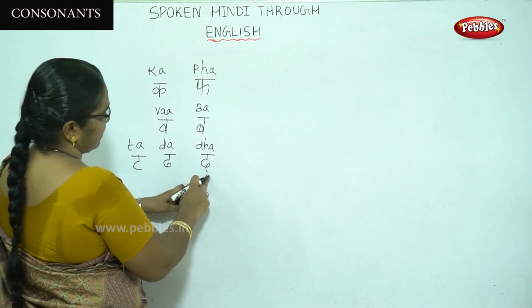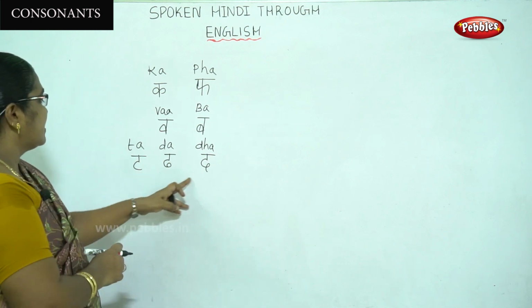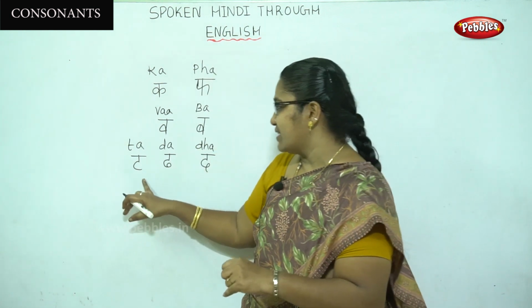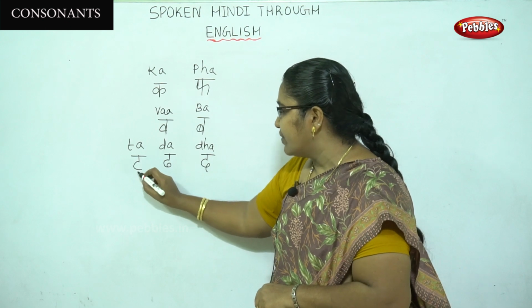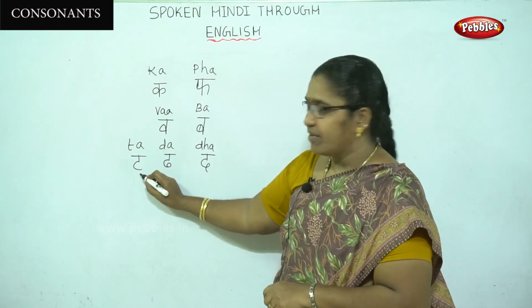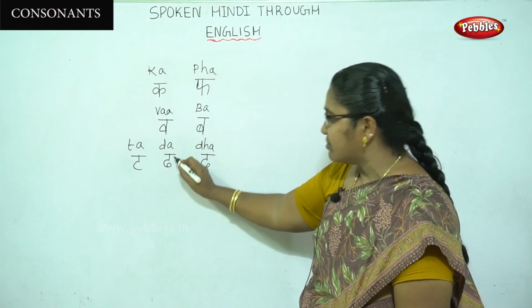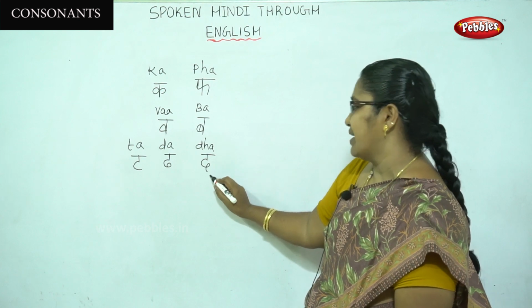Seeing these letters, they are so similar, but there is some little difference. See, this is ta. Ta, we do not fold this. Here we are folding the letters. It becomes da. Okay, it becomes da, and this one is da.